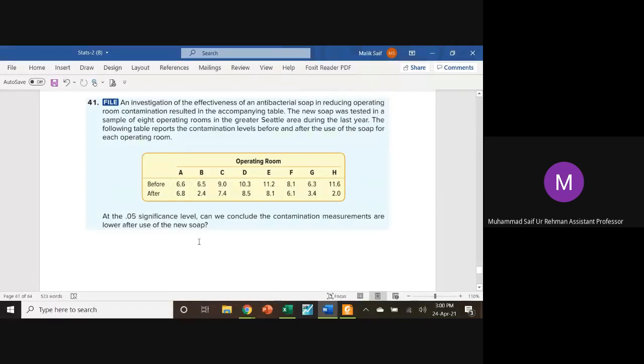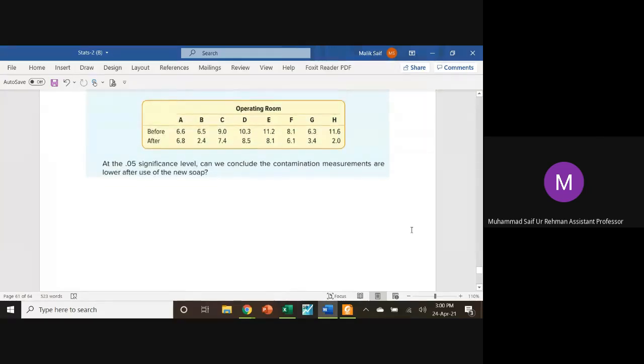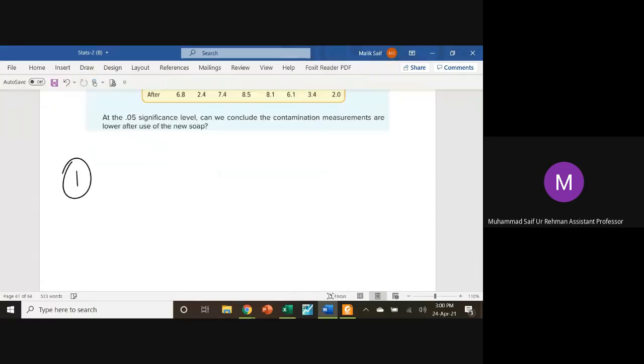You may set the null and alternate hypothesis in this case as step 1, null and alternate hypothesis, H naught and H1. In this case, instead of writing mu 1 and mu 2, we shall take into account mu d.